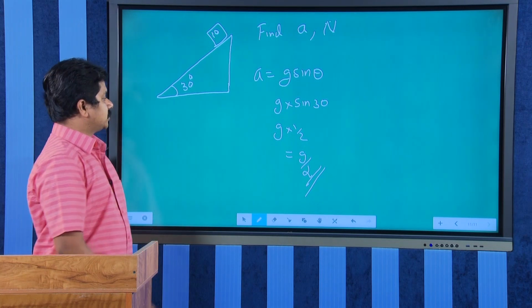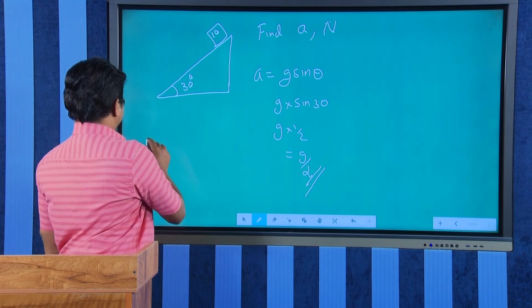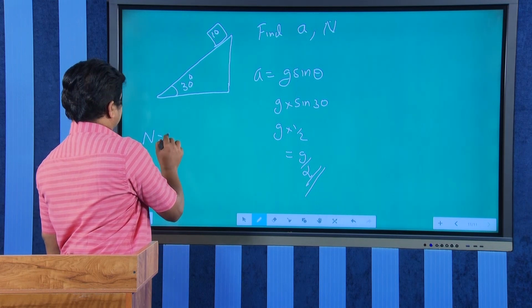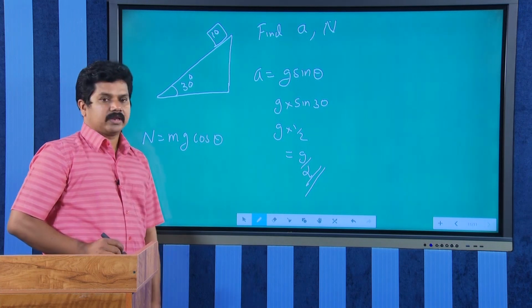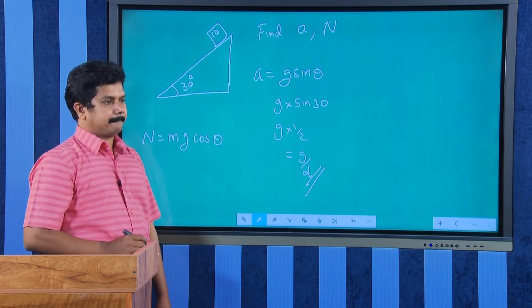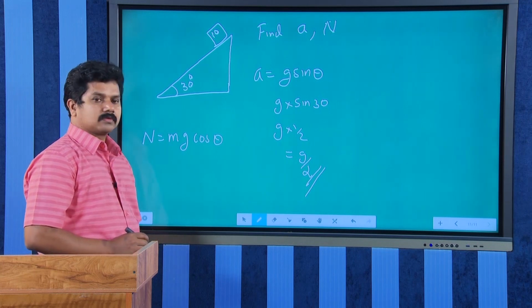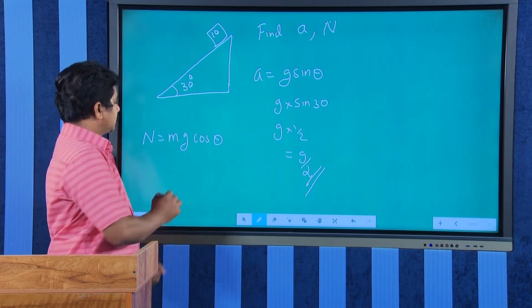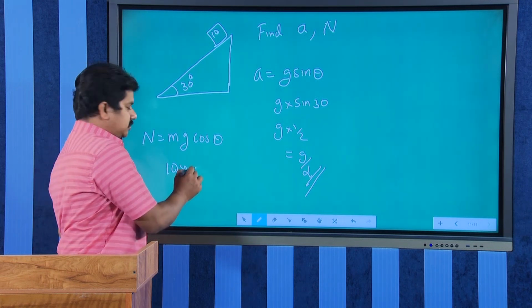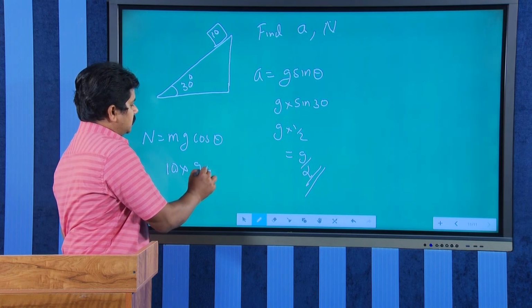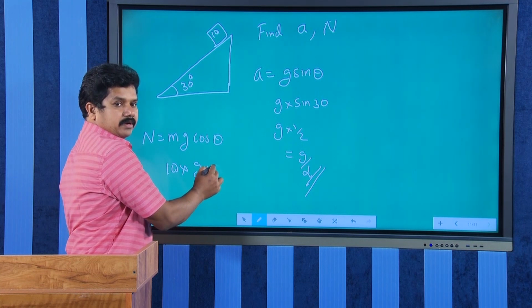What about the normal reaction? Normal reaction is N equal to m g cos theta, right. So, m is 10, into g into cos theta. Cos 30 is root 3 by 2, right.